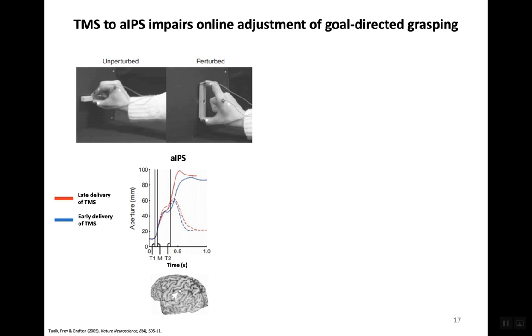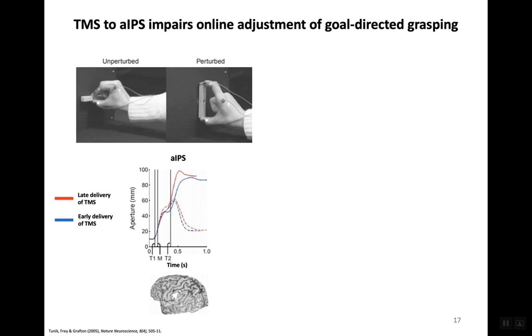And what they did find is that there was difficulty in terms of modifying the aperture correctly in midair, so to say, when the TMS was applied at the level of the AIPS within 60 milliseconds of launching the movement. They also tried to distinguish between a late and early delivery of TMS, but this matters a bit less.